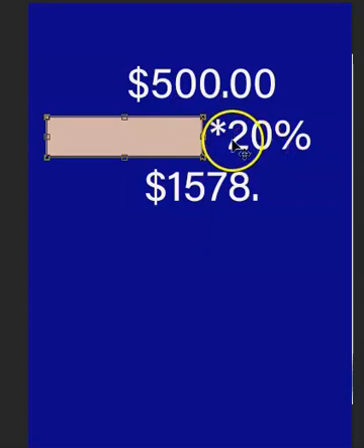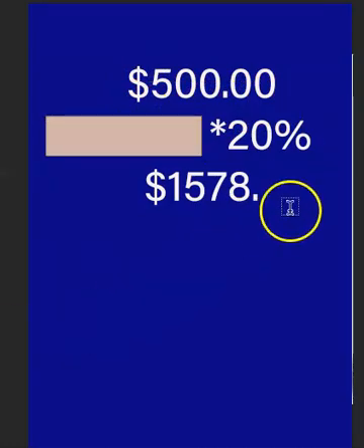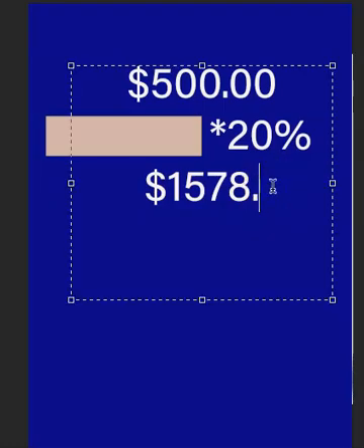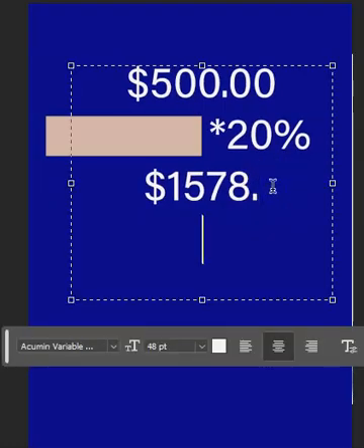Like I say, the readings are about right here, and if I were to do the math right here, 500 times 20% will be 1578 right here.